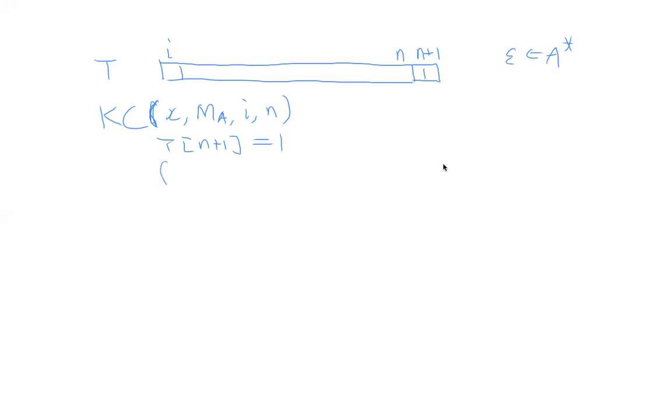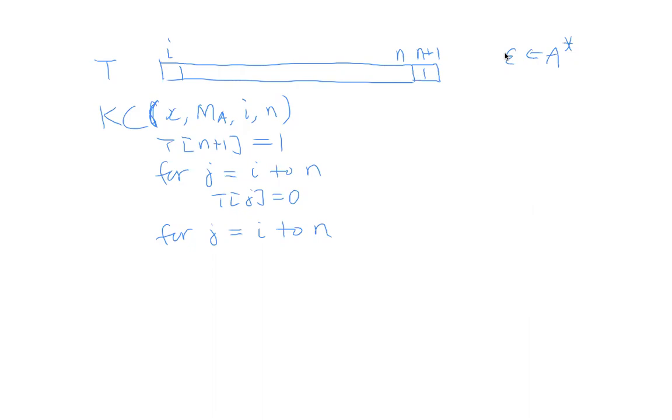So for j from i to n, we let T of j be 0. All right, then for j from i to n, since we get rid of recursion, j will have to be moved from bottom up.